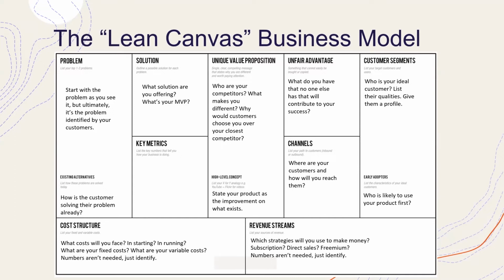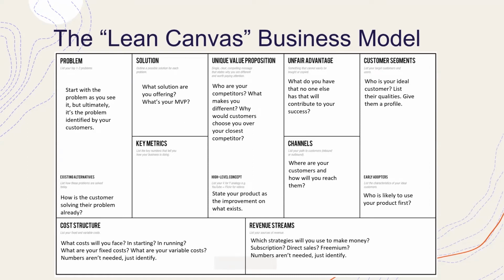And then you ask, how is this customer solving the problem already? So if this is a problem everybody is having, they have some way of solving the problem. They're bootlegging it, where they're creating their own solution and there just really isn't one. Or there are other players out there in the market who just don't quite make the grade, right? So we want to look at, how is the customer solving their problem already?